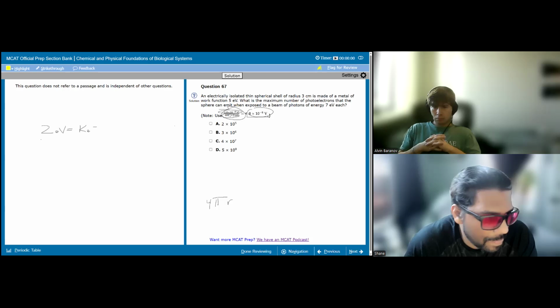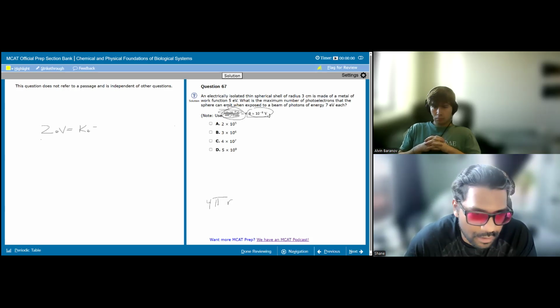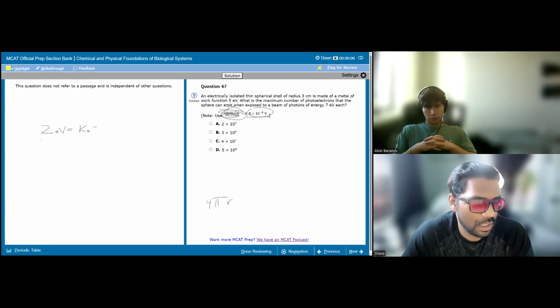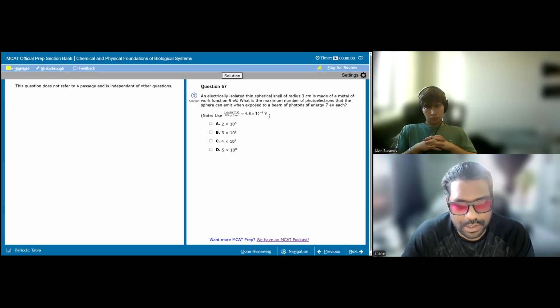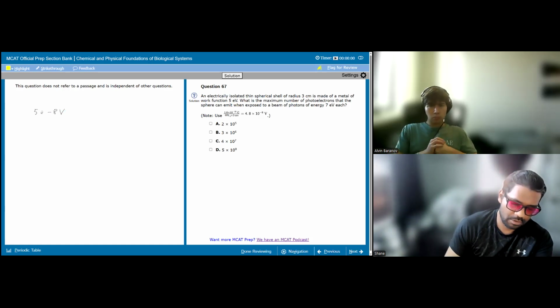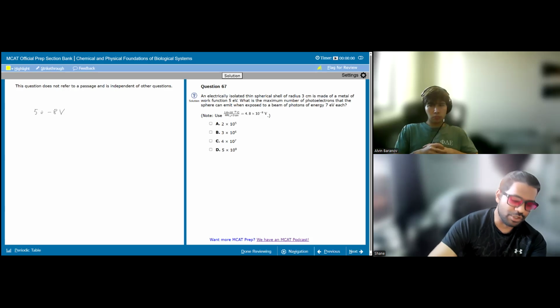So, okay, I'm gonna do this. I'm gonna do like 1 electron, or rather. Okay, so voltage is in joules per coulomb.